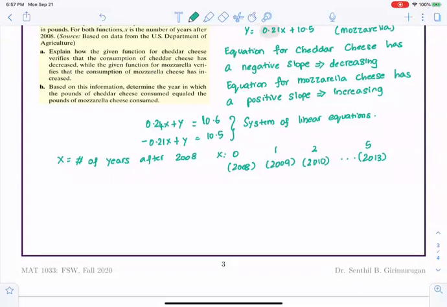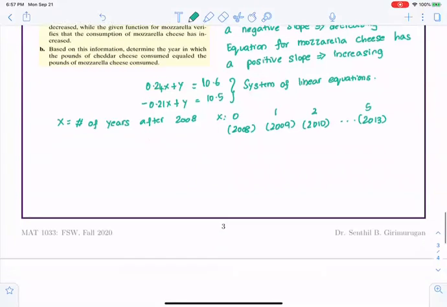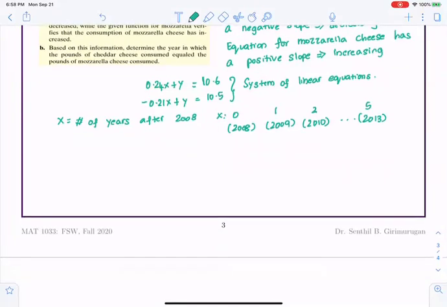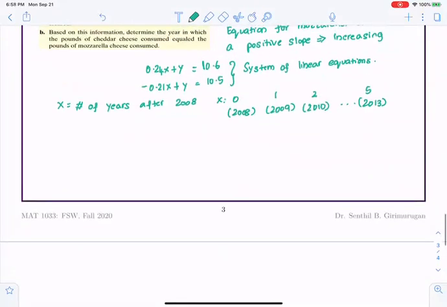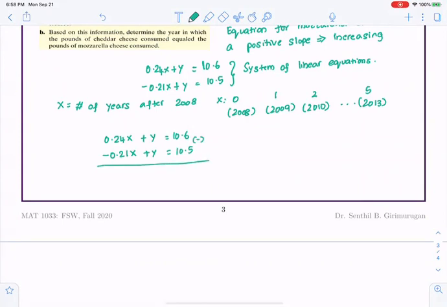So if you solve this system using the first approach, since we have the system, I'm just going to go ahead and eliminate y. So I have 0.24x plus y, and minus 0.21x plus y. And I can subtract the two equations.